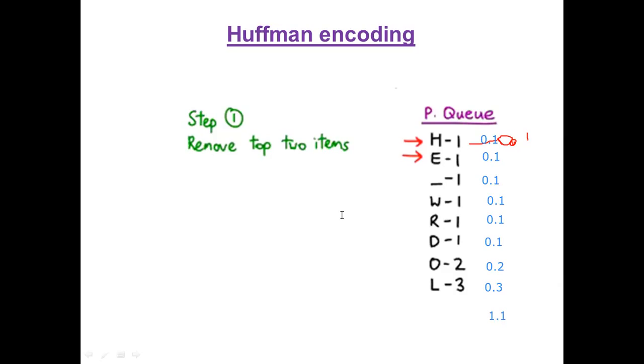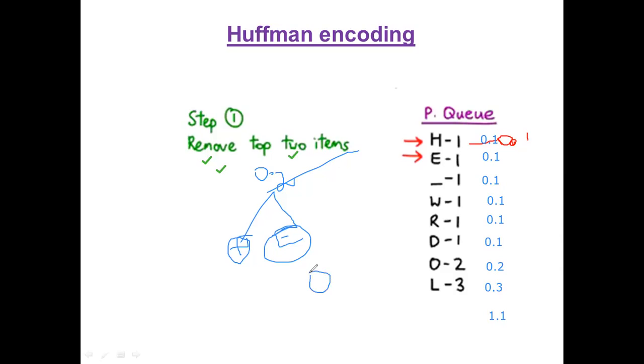So next, we have to remove the first top two items here, and so that becomes H and E. We'll be joining them and taking them together, so we'll be joining them for 0.2.